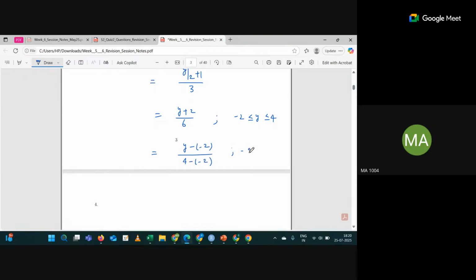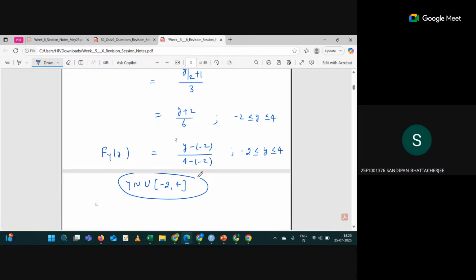Do you agree with me? Now, can I say Y follows uniform(-2, 4) or not? Simple. That's something from (y - a)/(b - a). Is it clear now?